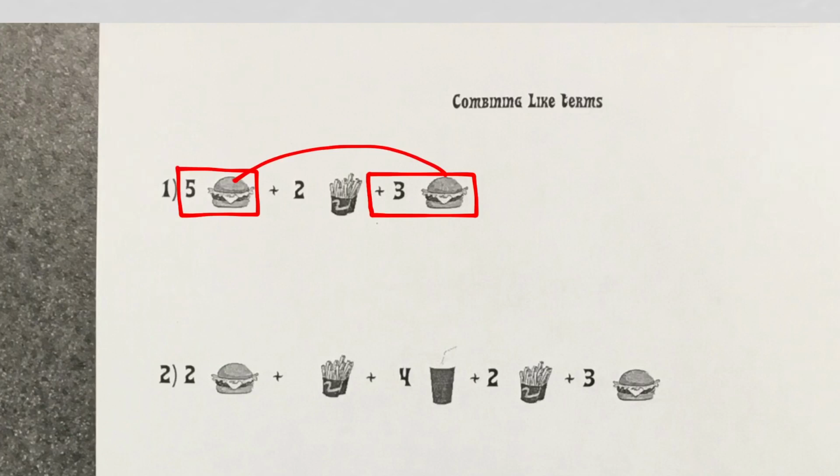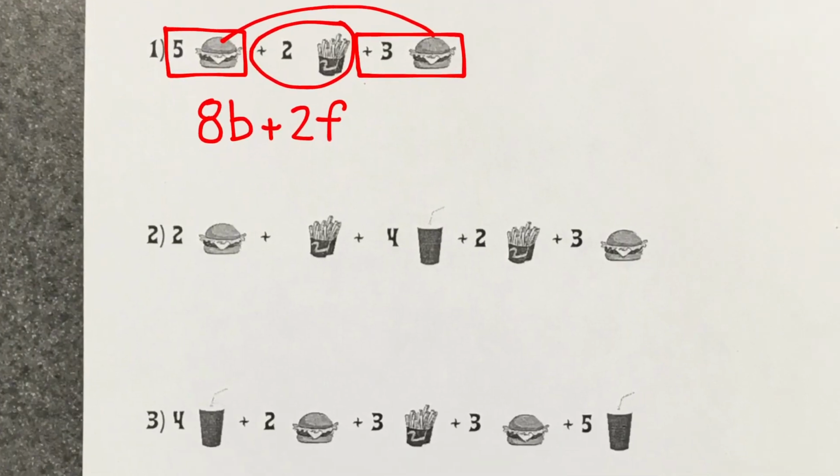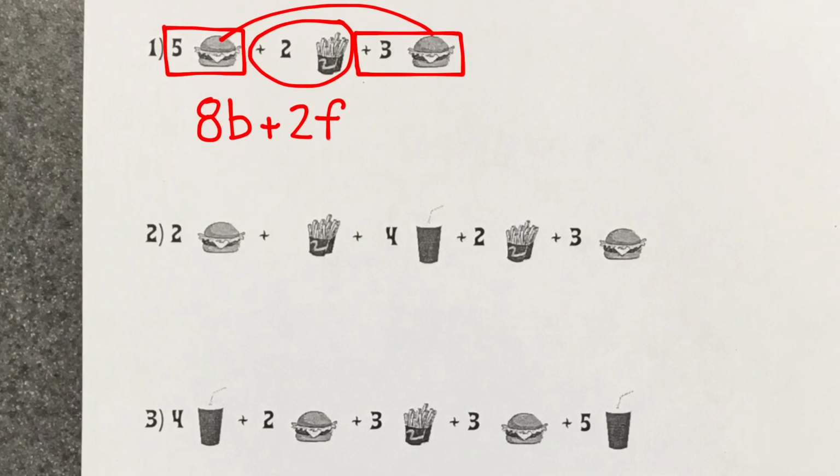So if I took the whole fries out of it, what would I be left with? 5 burgers plus 3 burgers, right? So what's 5 burgers plus 3 burgers? 8 burgers. I'm just going to say B. We're not going to draw a burger every time. And then what do I have left? And what is my operation there? Plus. So plus 2 fries. That is my expression.